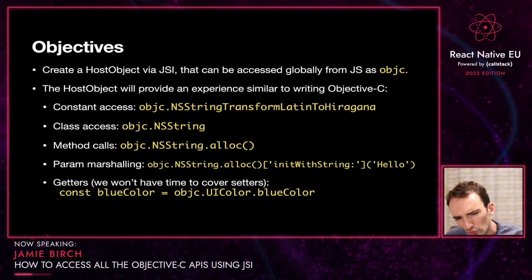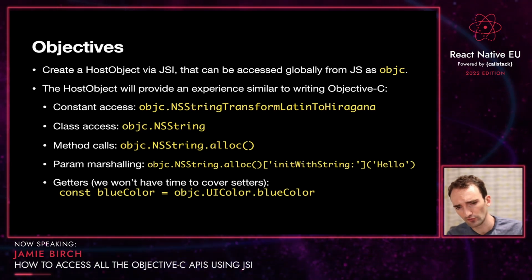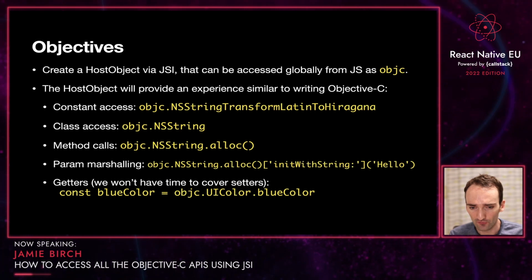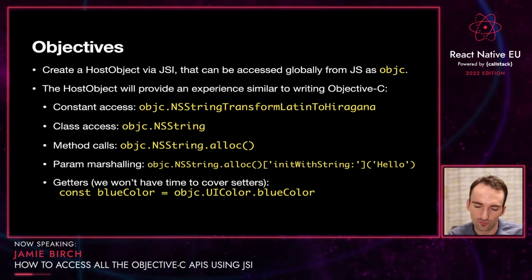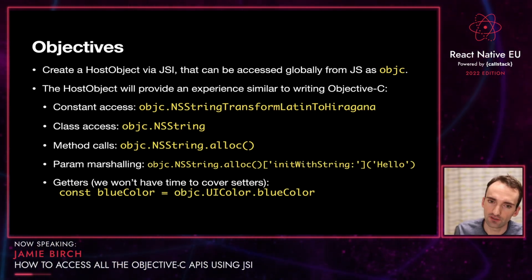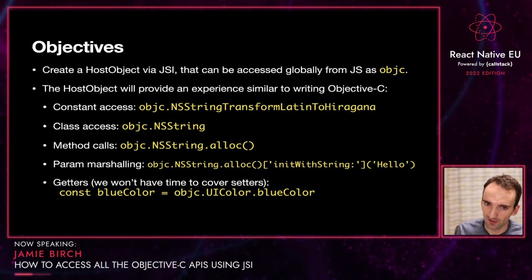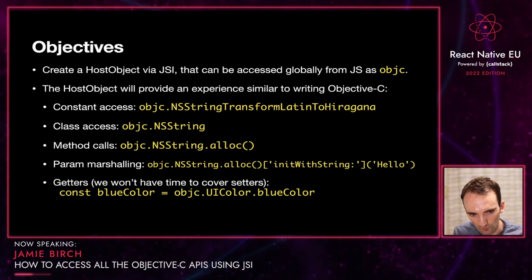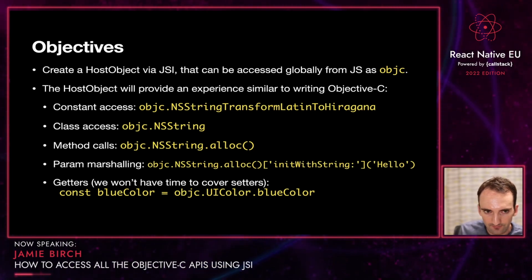And for this talk, we'll implement getters. I'm afraid I don't have time to cover setters, but it's really much the same thing, just you're calling different ObjectiveC metaprogramming functions. So yeah, we'll just do getters for now.